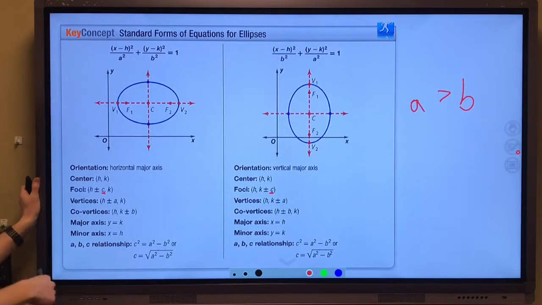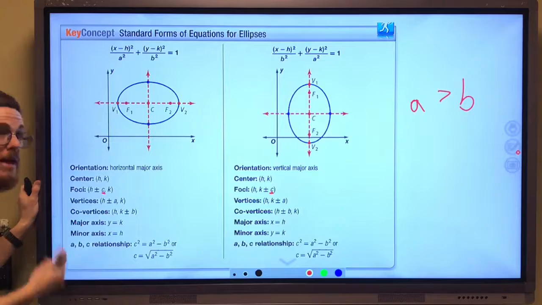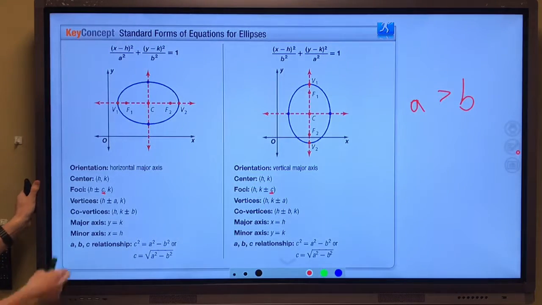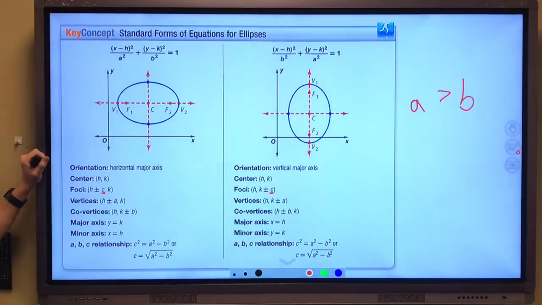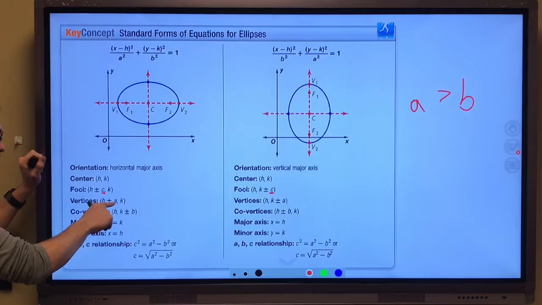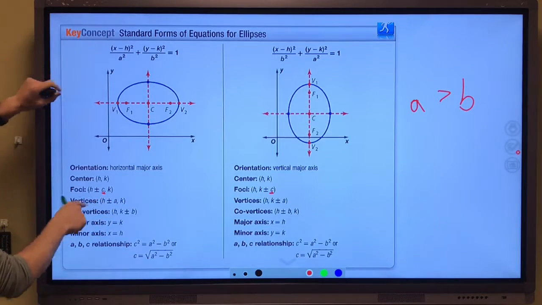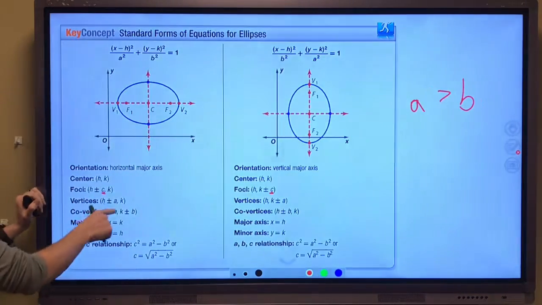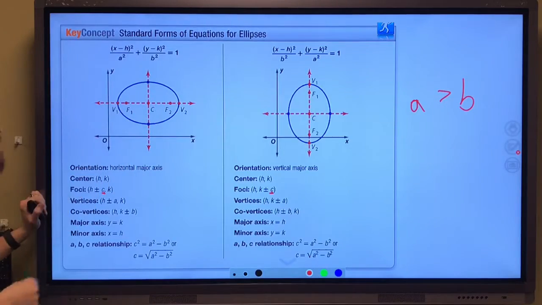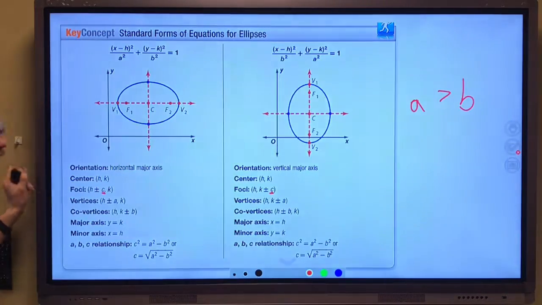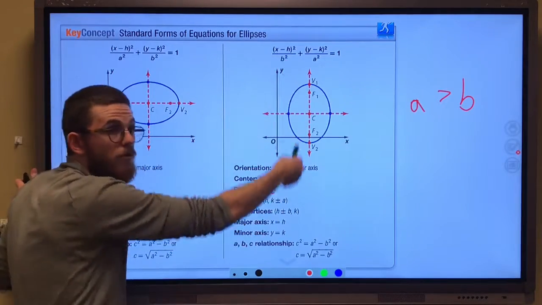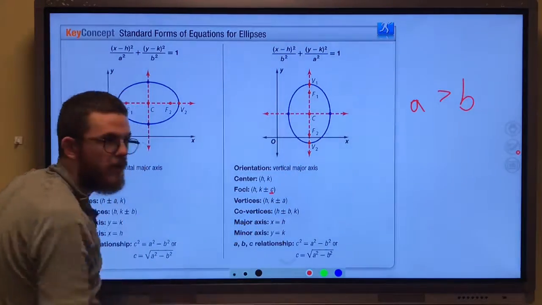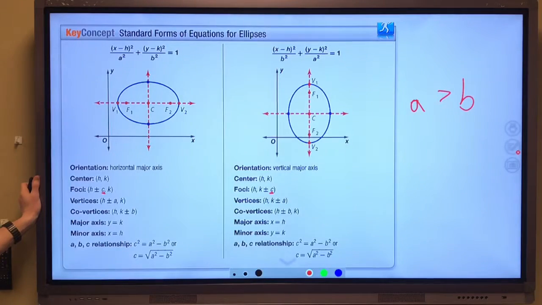The vertices are the endpoints of our major axis. Since they're part of the major axis, the y value stays the same as the center, but the a value affects the major axis, so it is plus and minus a. Over here, it's still the a value that affects the major axis, but because it's vertical, it's affecting the y values of our center point.